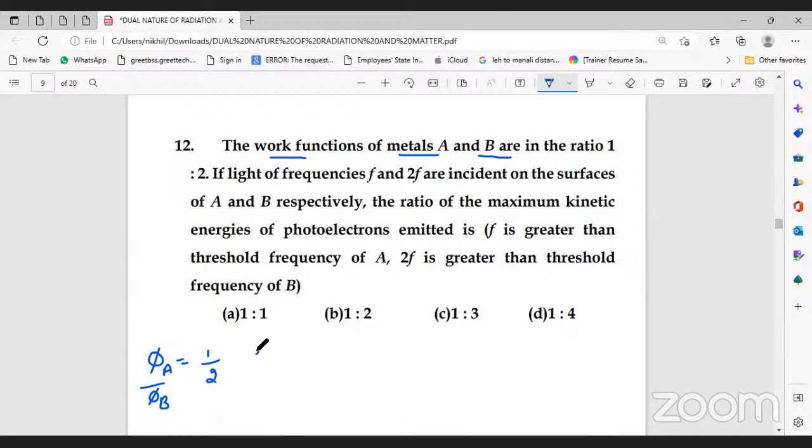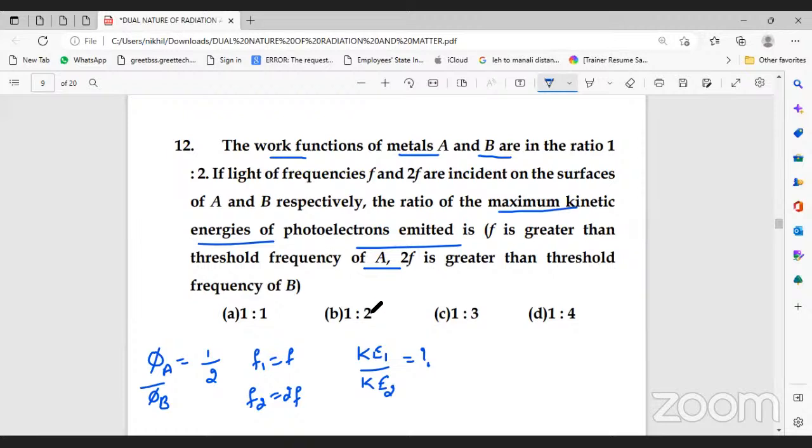The frequency of the incident light is F for the first and 2F for the second. They are expecting you to find the ratio of the maximum kinetic energy of the photoelectrons, KE1 by KE2. F is greater than the threshold frequency of A, and 2F is greater than the threshold frequency of B.